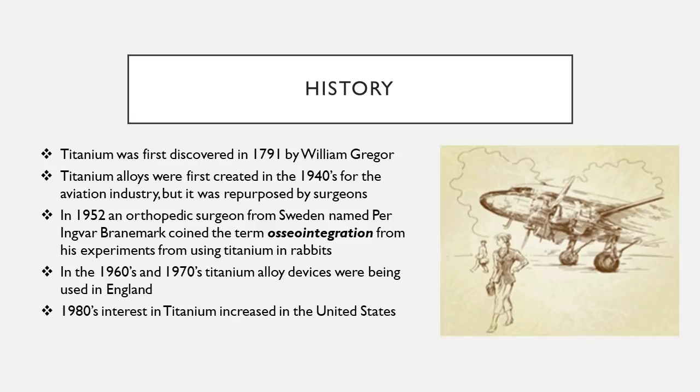So osseointegration is this defining term that describes the ingrowth of bone into the actual titanium alloy. As material demands in the 60s, 70s, and into the 80s increased for higher strength metals that had lower weight, titanium alloys increased even more in popularity.